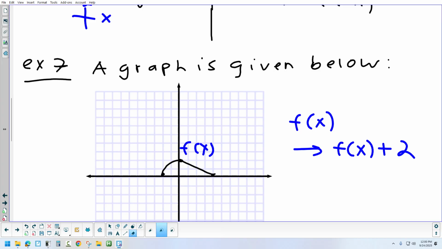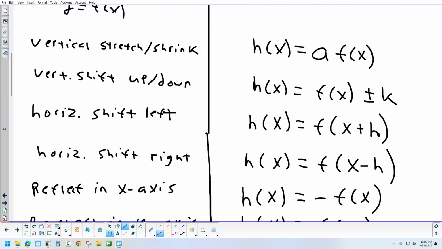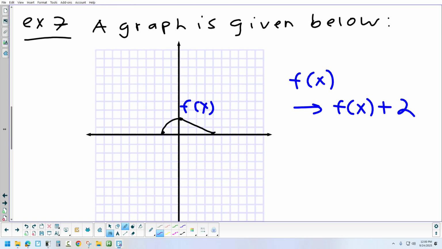I just want you to do that to the shape. So you need to know what the plus 2 means. What does the plus 2 mean to do? Shift up 2. If you didn't know, you'd have to look it up. You'd say, all right, adding a number on the end. Oh yeah, shifts up. So all you'd have to do is take this point, move it up 2. Take that point, move it up 2, and same with that one.